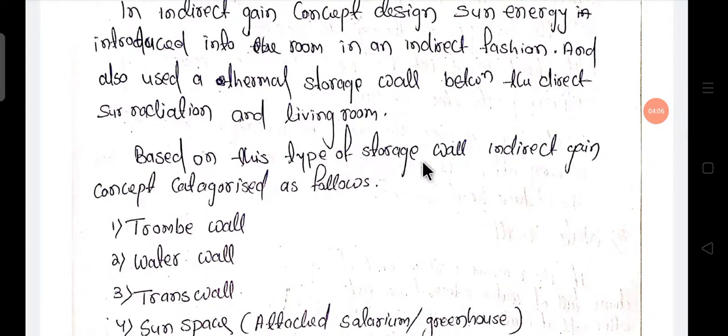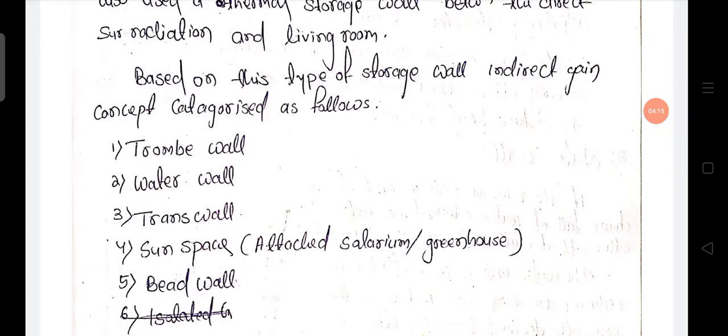Based on the type of storage wall we use, there are five categories of the indirect gain concept. One is the Trombe wall.